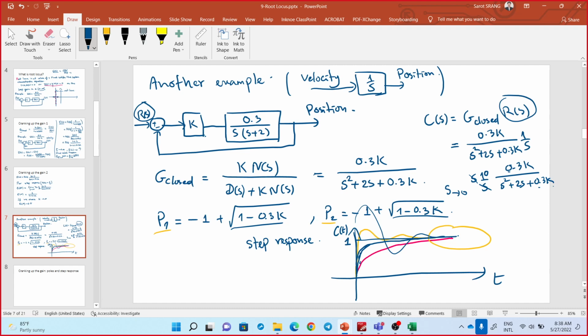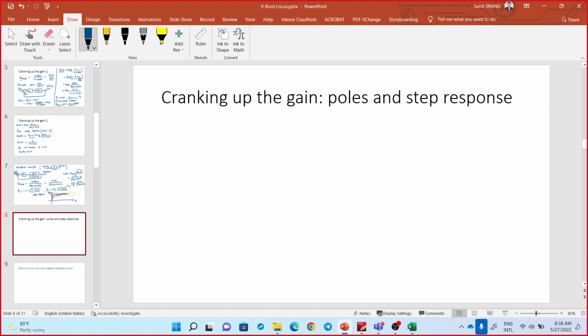Okay, now let me illustrate the poles with different values of k in the complex plane. So poles and step response.